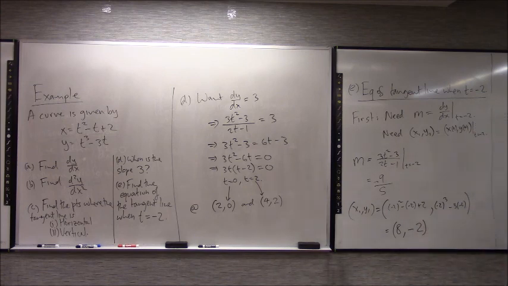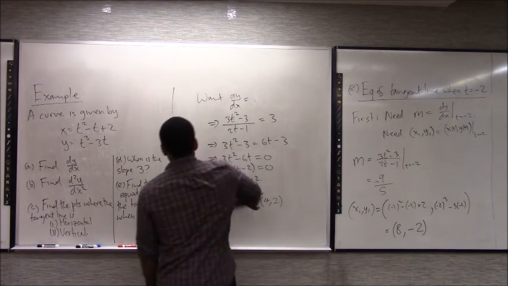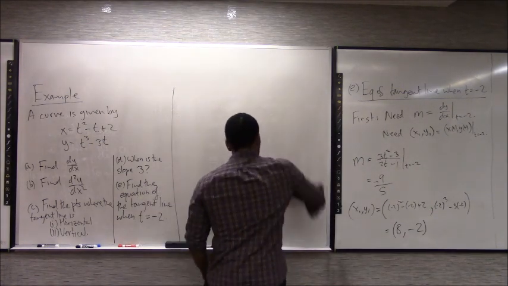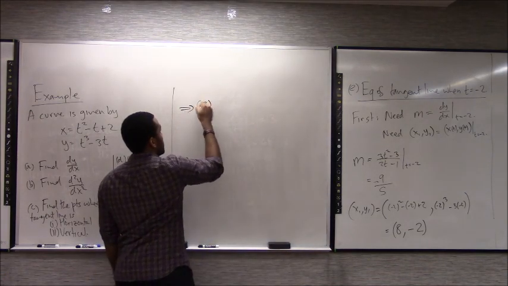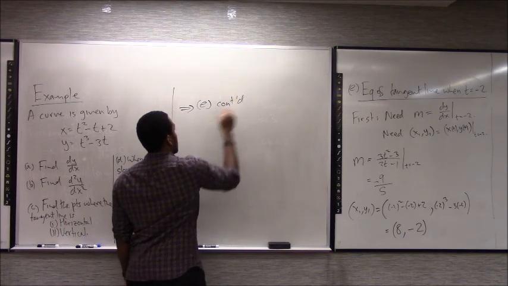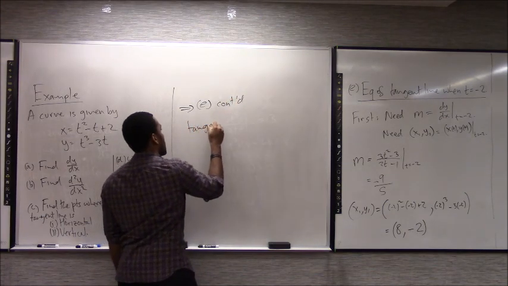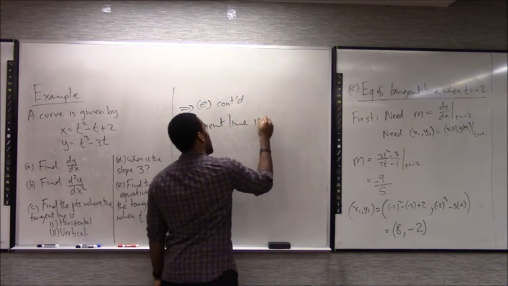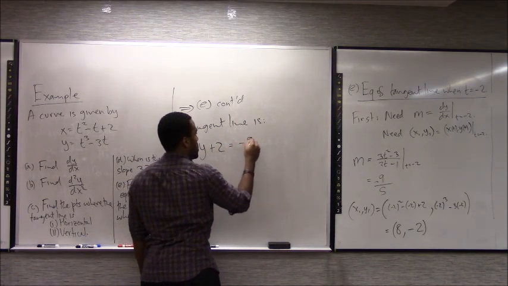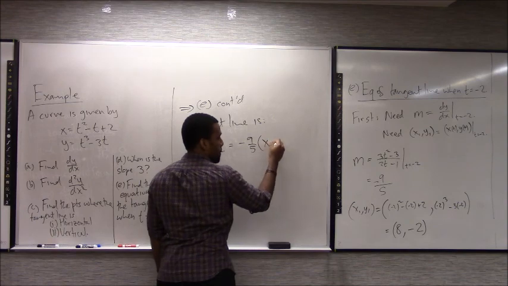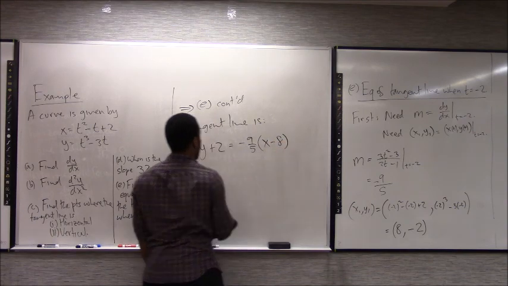So that's the point. So now I can actually find the tangent line. The tangent line is y minus y1 equals m times x minus x1.